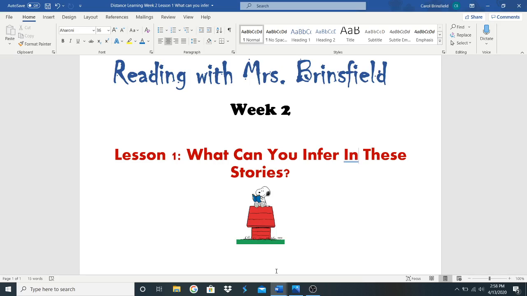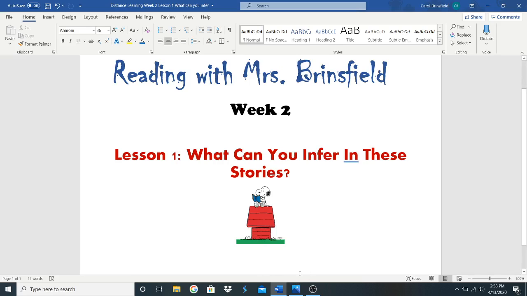Helping you understand when information is implied or not directly stated will improve your skill in drawing conclusions and making inferences. These skills will be needed for all sorts of school assignments and activities, including reading, science, and social studies. Inferential thinking is a complex skill that will develop over time and with experience.